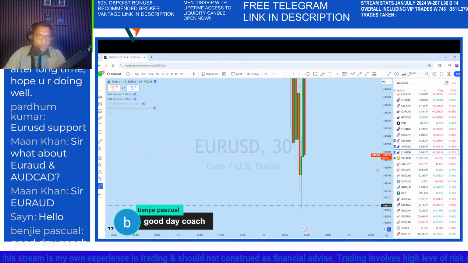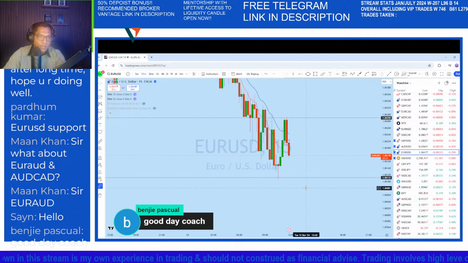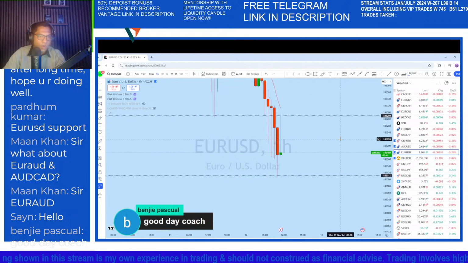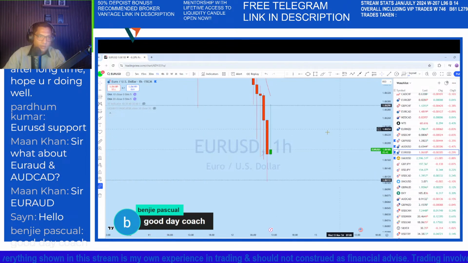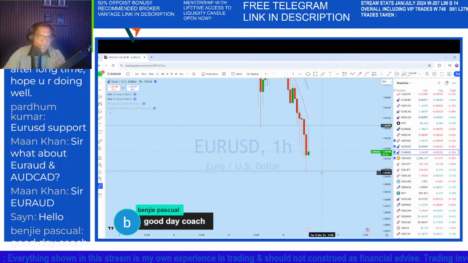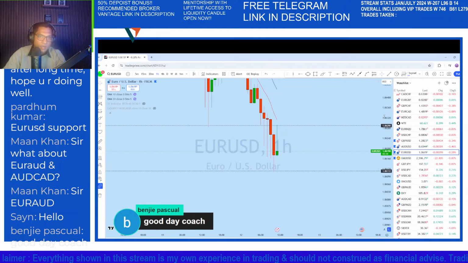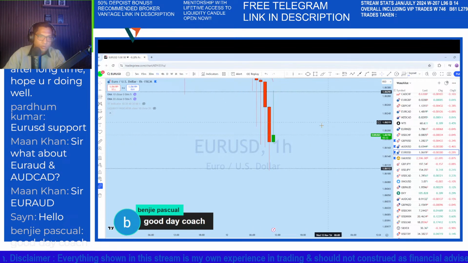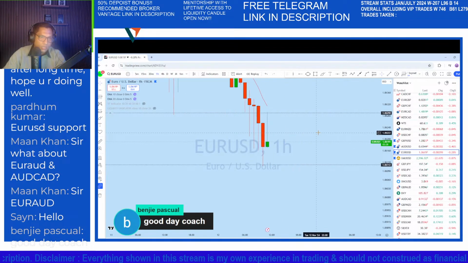With the liquidity grab, we might see the market coming down to create a new lower low. If you look at the 1 hour chart, this is where the support is, and from that support we can expect it to bounce back up to the resistance line, and then we can look for selling. We still have two minutes to go for this candle to close.